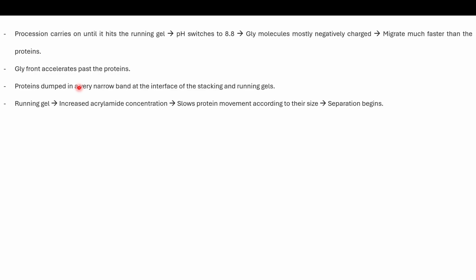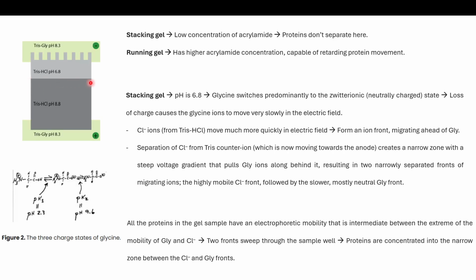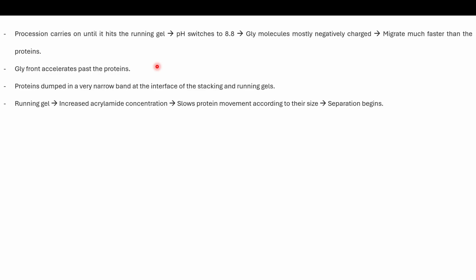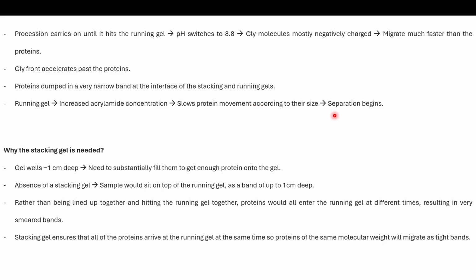So they will have a starting point wherein all the proteins are stacked at the same level, and then they will experience the sieving effect due to the higher polyacrylamide concentration in the resolving gel or the running gel. The running gel has increased acrylamide concentration. It will slow the protein movement and then the proteins will be separated according to their size.